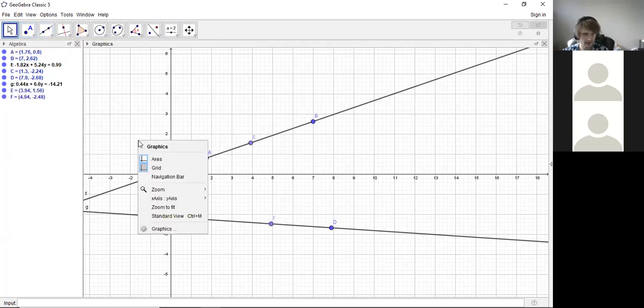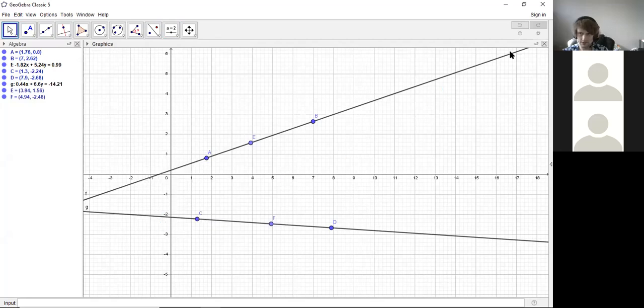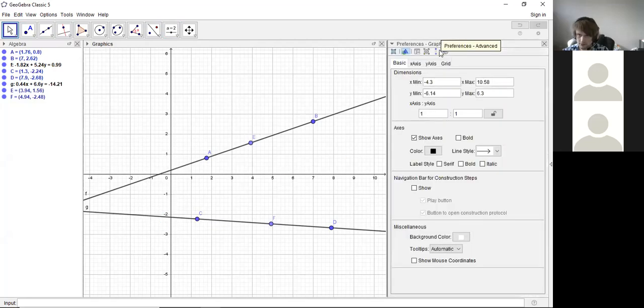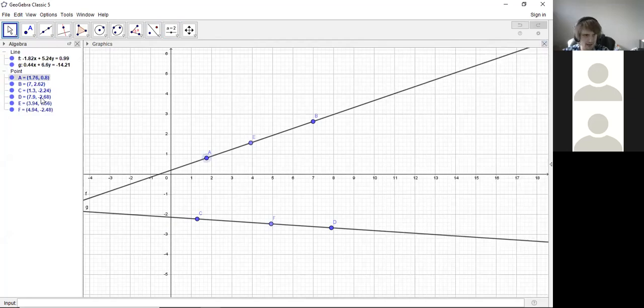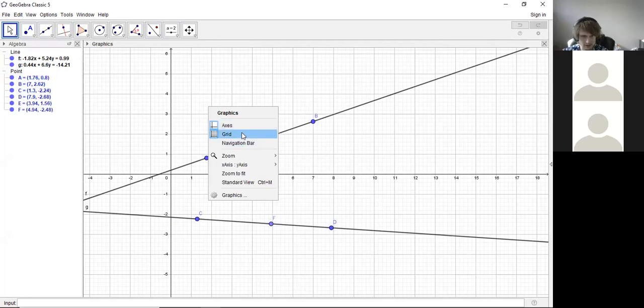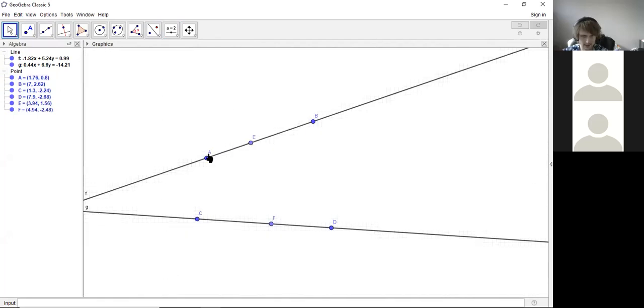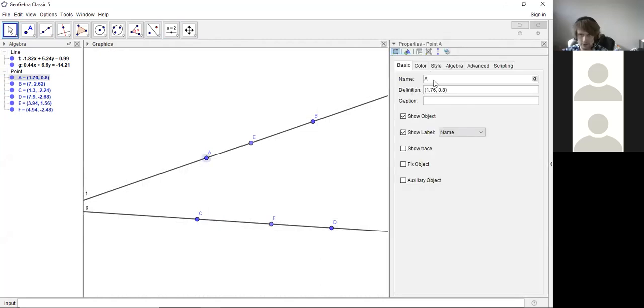Let's sort all of these and then make these. Let's just get rid of that. Call this one A1 and then A2 and then A3.